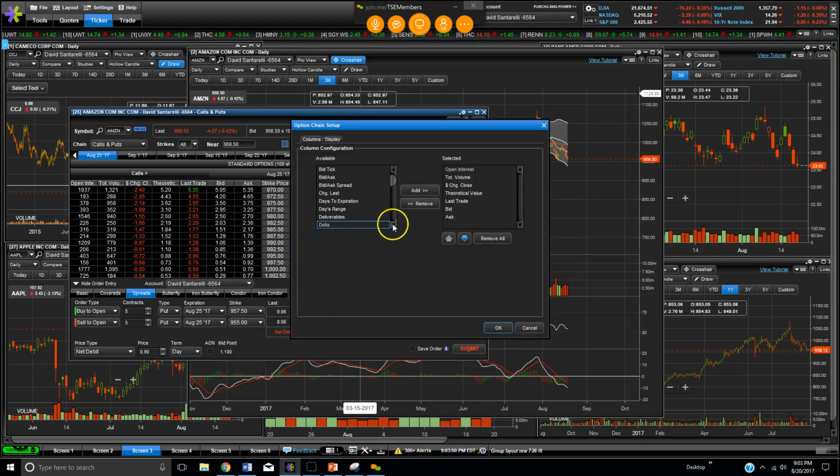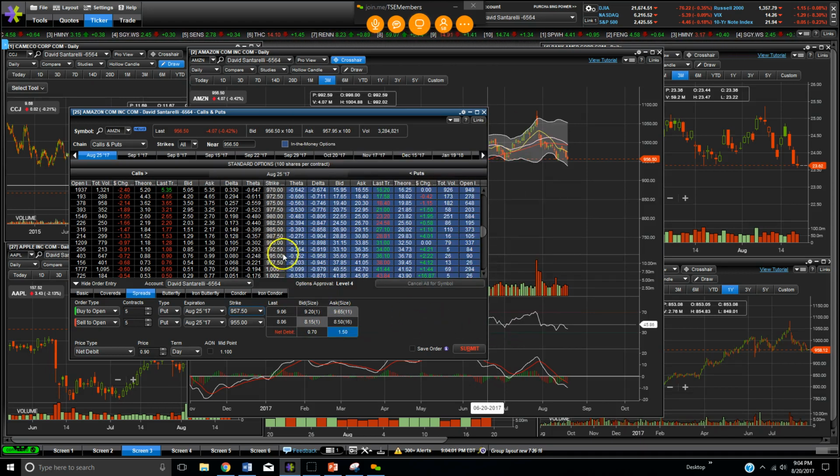Let's look at our delta and thetas again. And these are the Greeks that we went over before. So this has a theta of 30 cents. This is going to lose 30 cents every single day.